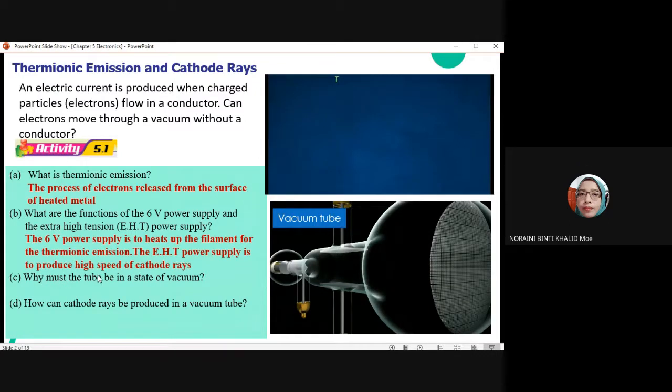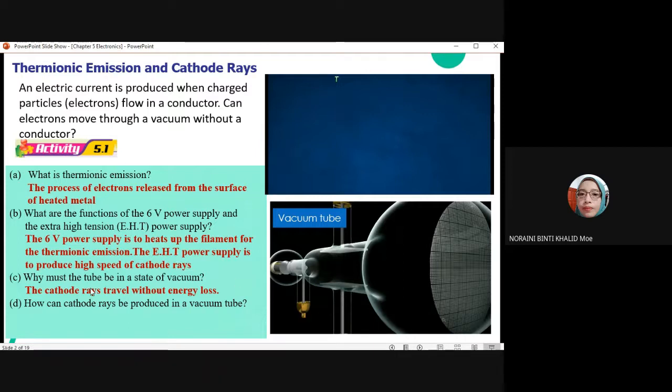Why must the tube be in a state of vacuum? Can you imagine if here is not vacuum, there are a lot of air particles. So when cathode ray travels, it will collide with air particles and cause energy loss. When the energy is lost, the electrons that hit the screen with low energy thus produce a dimmer light.